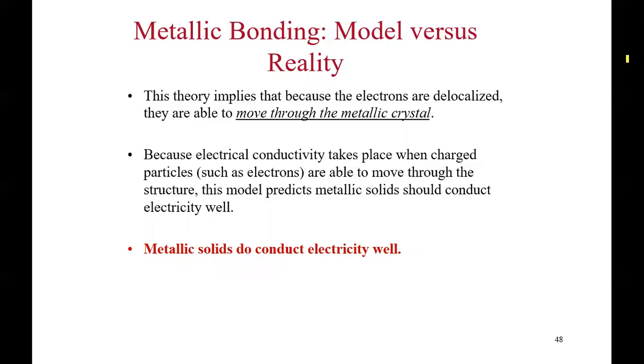So this model predicts that if I apply a voltage, in other words, a potential difference across the metal, I should be able to get those electrons to move, in other words, to form a current. Bottom line, the model predicts that metals should be good conductors of electricity. And that is the case. Metallic solids do conduct electricity well.